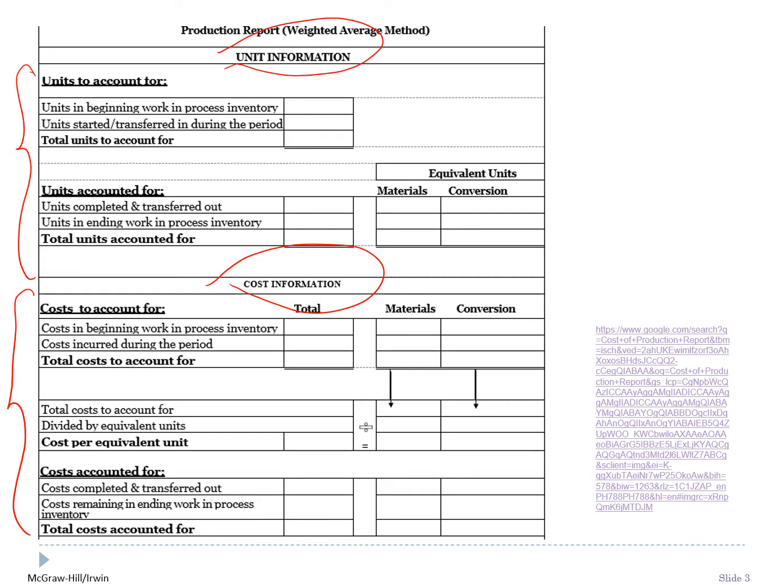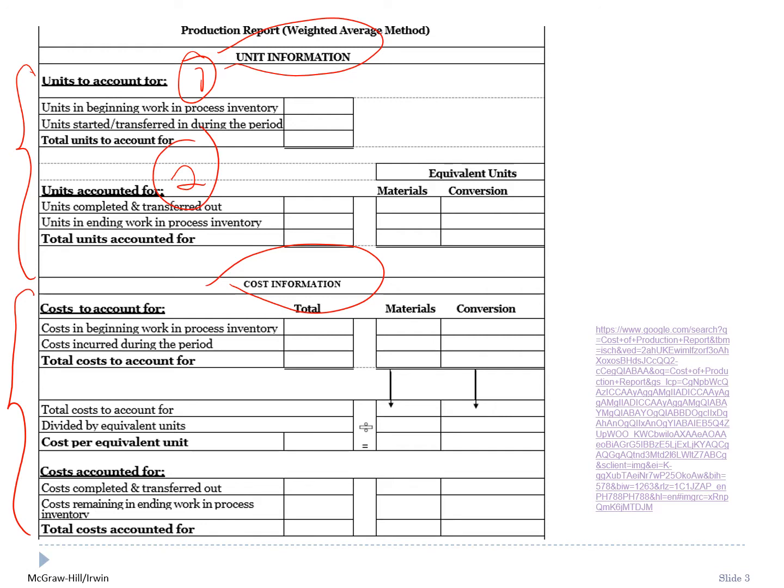In our textbook, the cost of production report follows a five-step procedure. Step one is to compute the units to account for. Step two is to compute the units as accounted for.